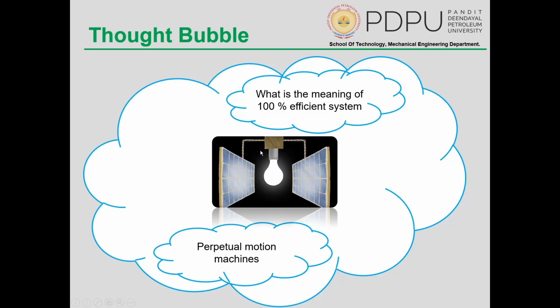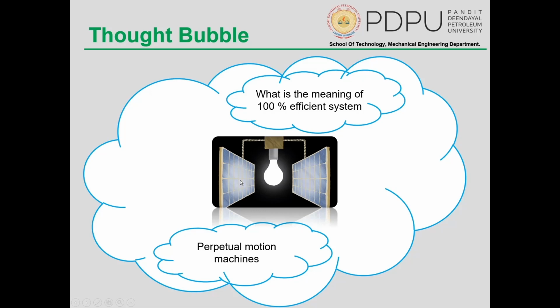So theoretically speaking, if all the energy of this bulb is going to these panels, and the panels are able to develop it into work, they should be able to run the system. So if this works, it will work continuously. But obviously this is not possible.